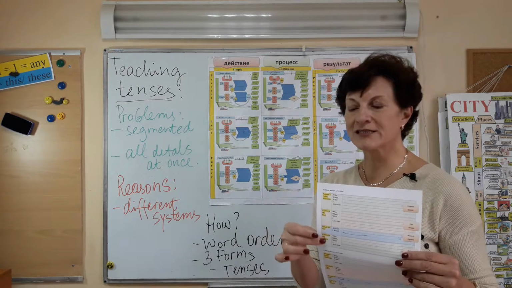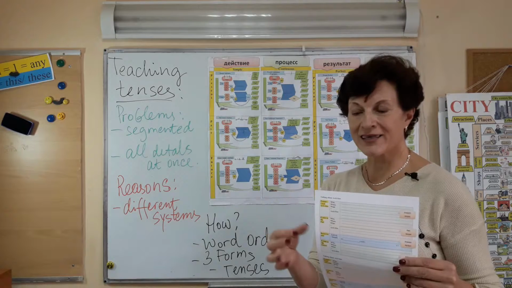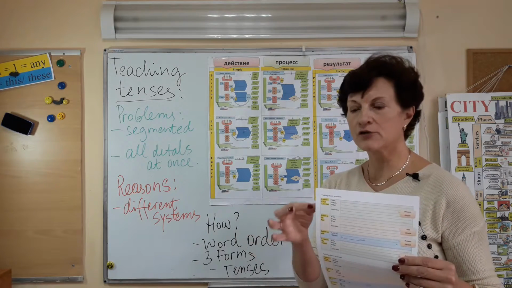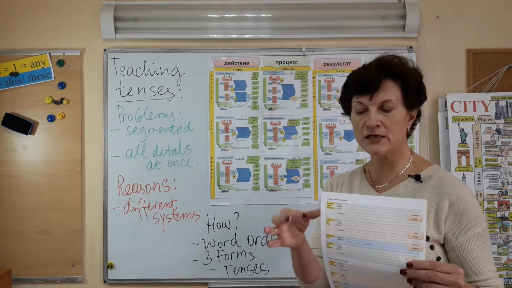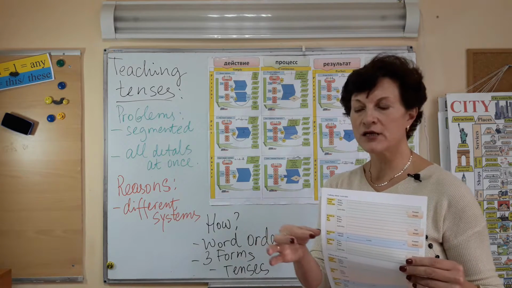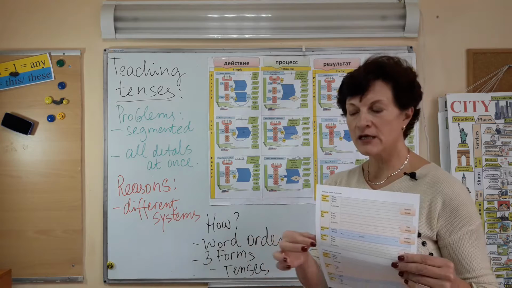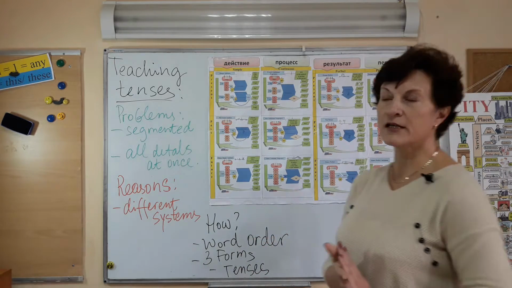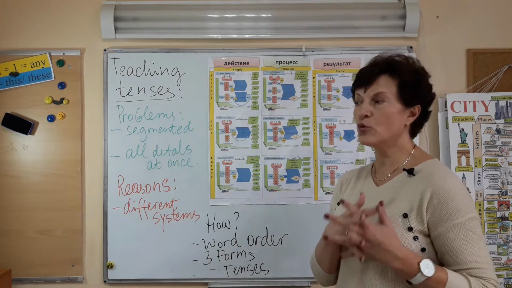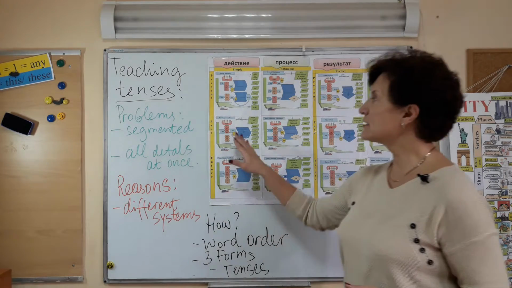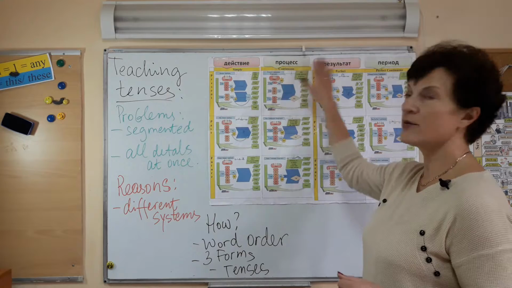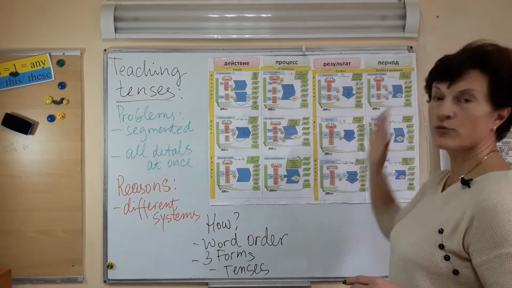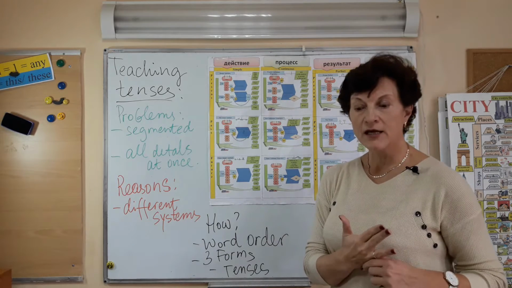The children will understand what they talk about: the event, the simultaneous action, the action that preceded, and the results. We will always be paying their attention to what is going on, and that is how we will be able to discriminate between the tenses.